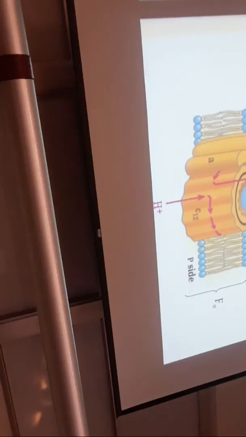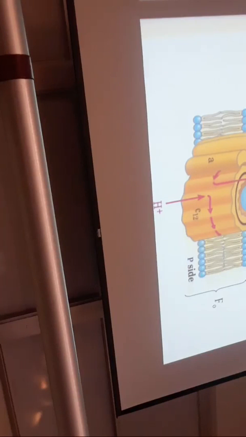And we already see here, indicated by these arrows, that as protons are transferred via the FO portion of ATP synthase from the P side, so this would be the intermembrane side, back to the matrix, we induce a counterclockwise rotation, which is transferred also to this gamma piston, and we have a rotation of this gamma piston within the stationary hexameric ring formed by the alpha and beta subunits.